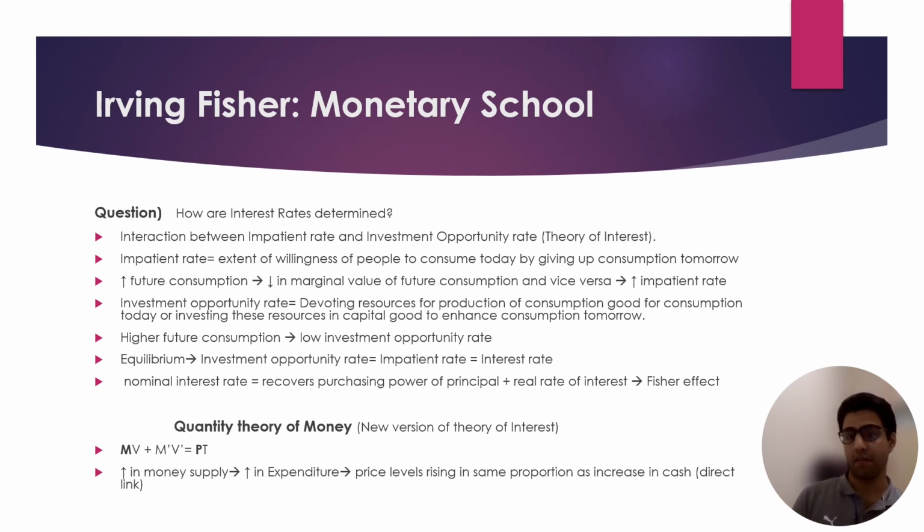And where these two meet, or where they are equal, is the point where interest rates in the market are developed. So the equality of impatient rate and investment opportunity rate is basically the interest rate in the market, and this is the real interest rate.